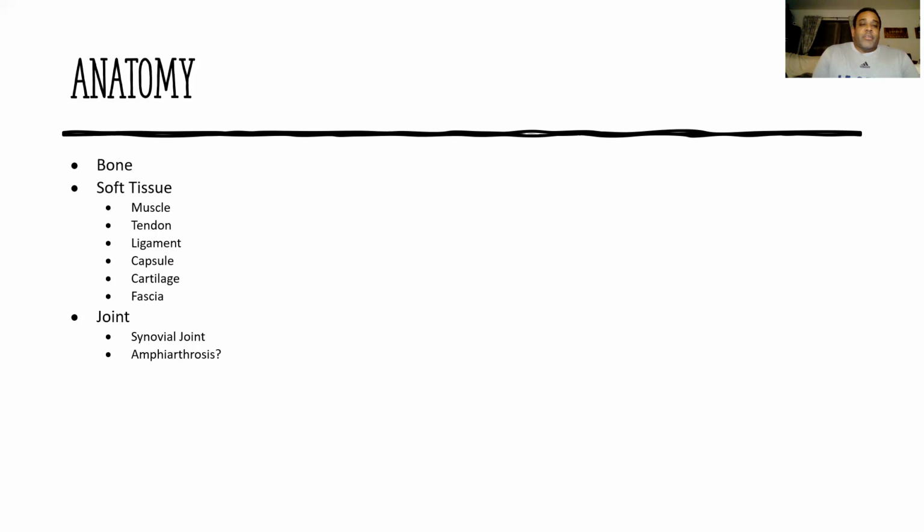For the joints, you have synovial joints, so that's like your glenohumeral joint, your tibiofemoral joints, the common joints that have those flexion extension movements or circumduction movements. And then you have the amphiarthrosis joints, so that's like your sternoclavicular joint and your SI joints.